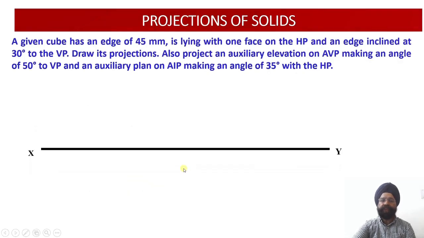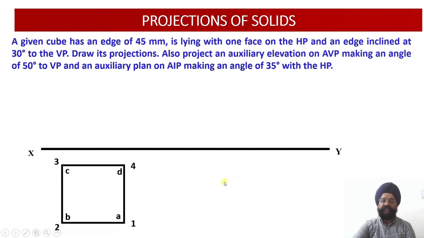Now here you see, first of all, as I told you, we are going to evaluate the projections of the solid assuming that the edge of the solid is perpendicular to the vertical plane. So the top view of this cube will appear to be a square over here.